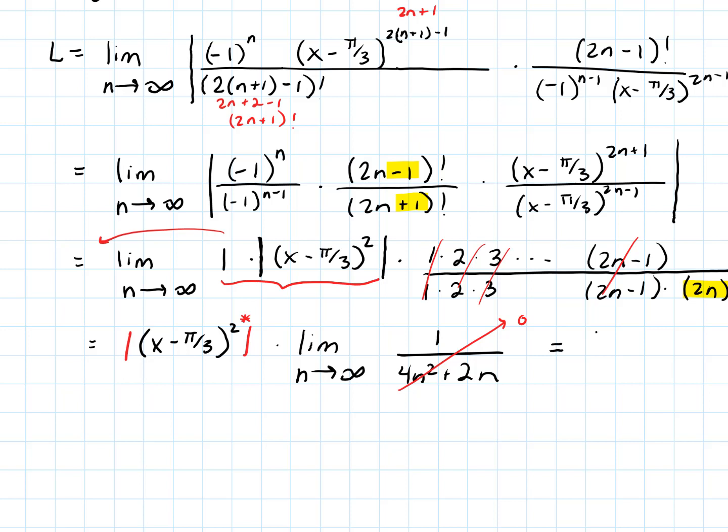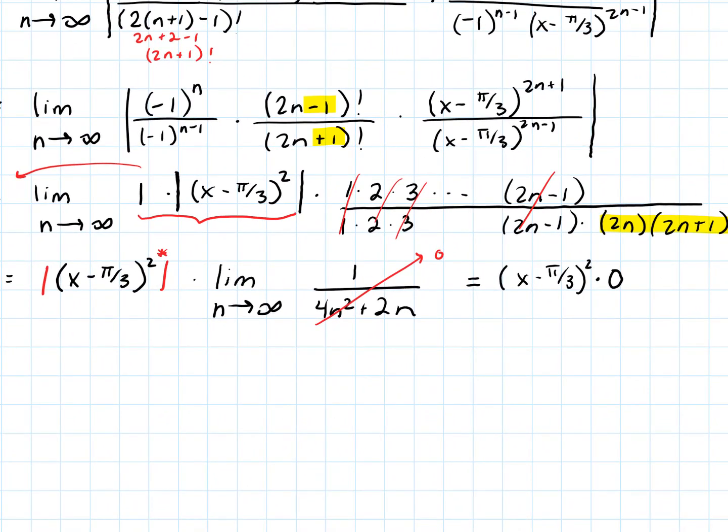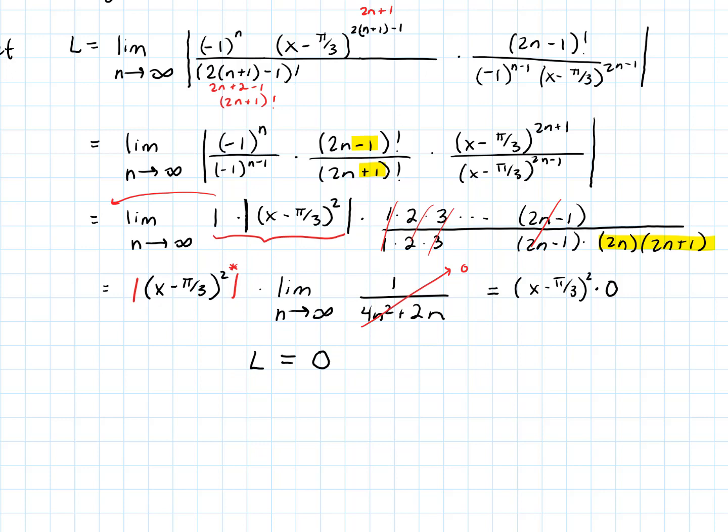And so we basically have x minus pi over 3 squared times 0. I will write that step in just to show it. What we end up with for this limit, this L value, just became 0. It's zeroed out. x minus pi over 3 squared times 0 will be 0.